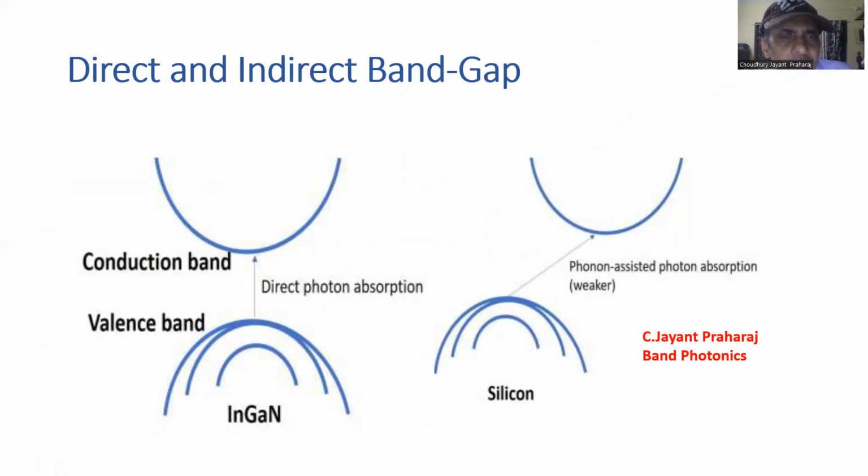This shows some physics about the direct and indirect band gap. In the direct band gap material, the conduction band minimum is directly above the valence band maximum in the K-space zone, and so you have direct photon absorption. In indirect band gap materials, you have phonon-assisted photon absorption, which is much weaker. That is the basic difference.